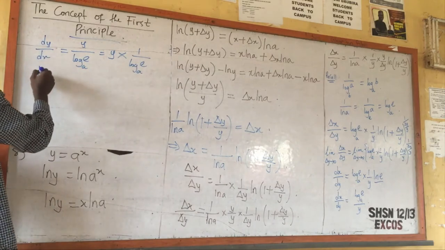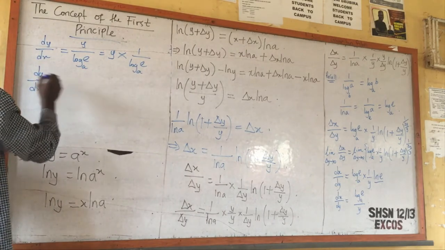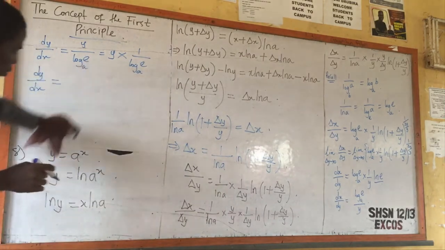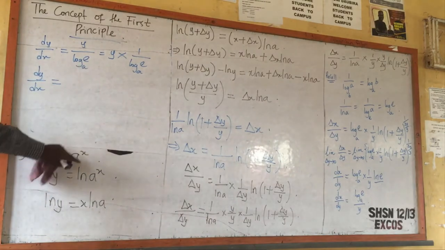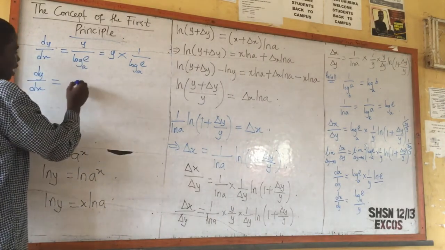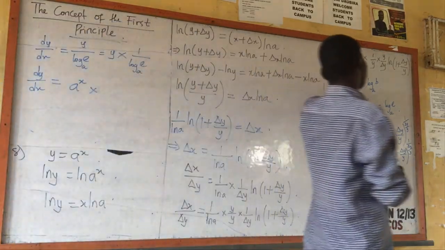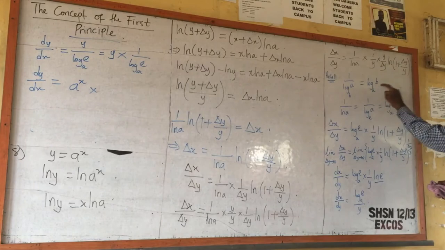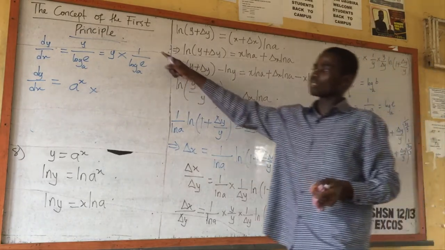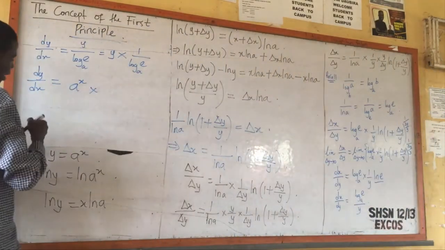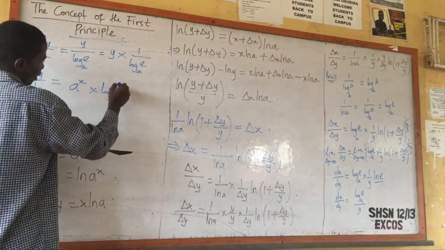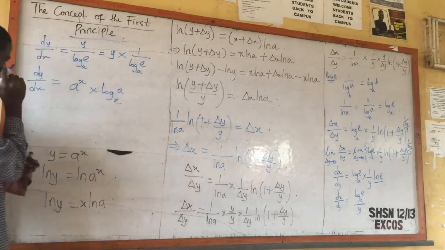So dy ds is equal to y, and y is a raised to the power s. Don't forget, y is a raised to the power s. So now I have a raised to the power s multiplied by 1 over log e base a. By the same law of logarithm that says 1 over log a base b is equal to log b base a, 1 over log e base a is the same thing as log a base e, and log to base e is the same thing as ln.